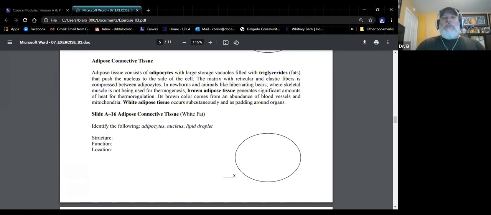So, there's a lot of functionality for adipose tissue, even though it gets a very bad rap and has a very negative connotation to it. Our body needs it. And it needs it in the proper amounts in order to keep all of our systems functioning properly.